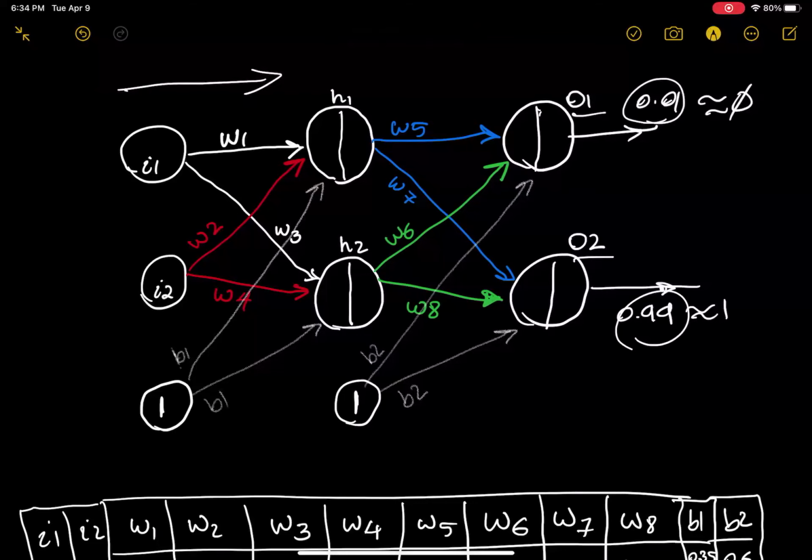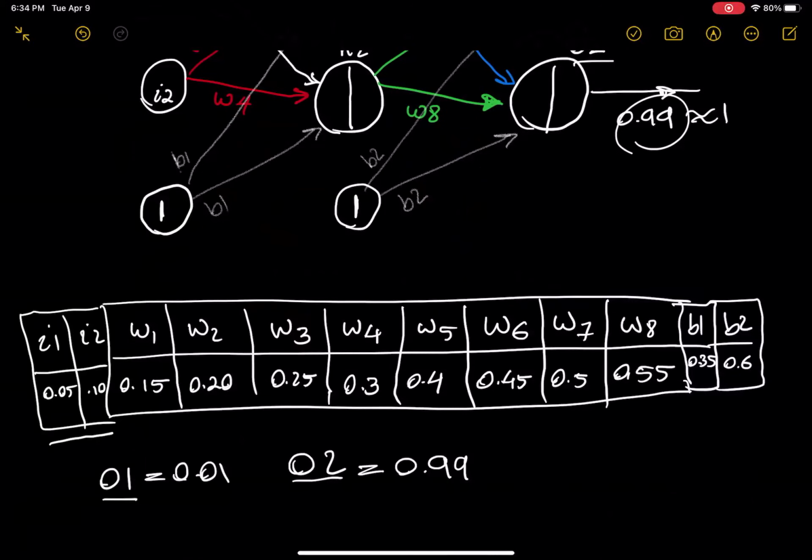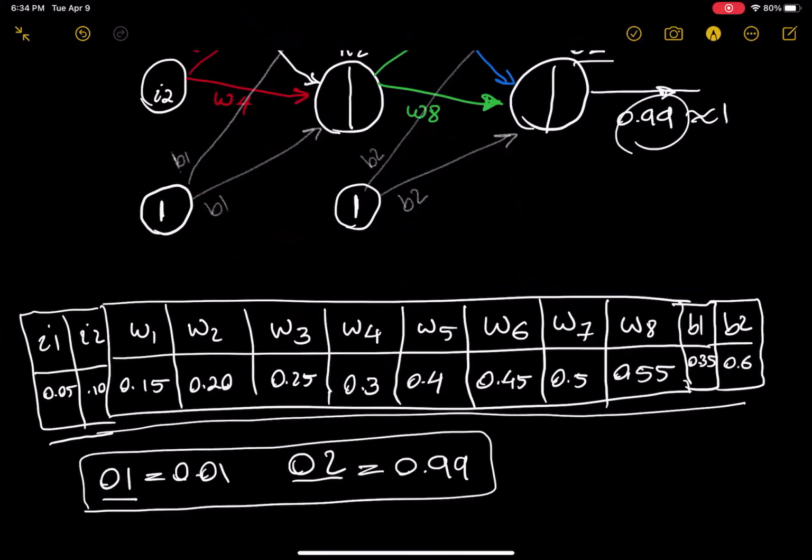I would like to see what my network would return with this given data, and compare that output to the output that I desire to have, right? If I have that difference, the error, then I can use back propagation to update hopefully my weights such that I get a closer result to this. Does it make sense?